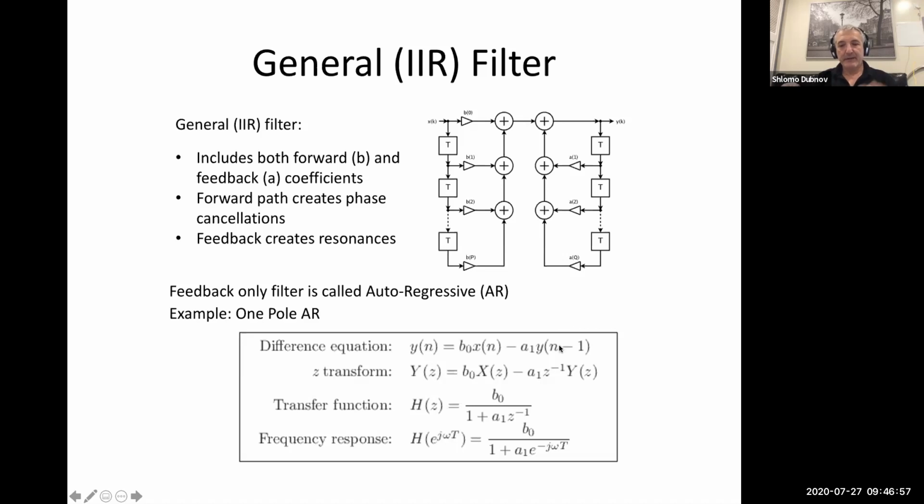But let me move forward with this idea that now we can express these relations, the difference equation, in the Z domain, okay? And then what we want to derive from this is the so-called transfer function. The transfer function is an important concept. We spoke about this, that filtering is basically multiplying in frequency. So for linear filters, all of these operations, convolutions, or the AR, the autoregressive thing, whatever they do in the time domain, in the frequency domain are multiplications.